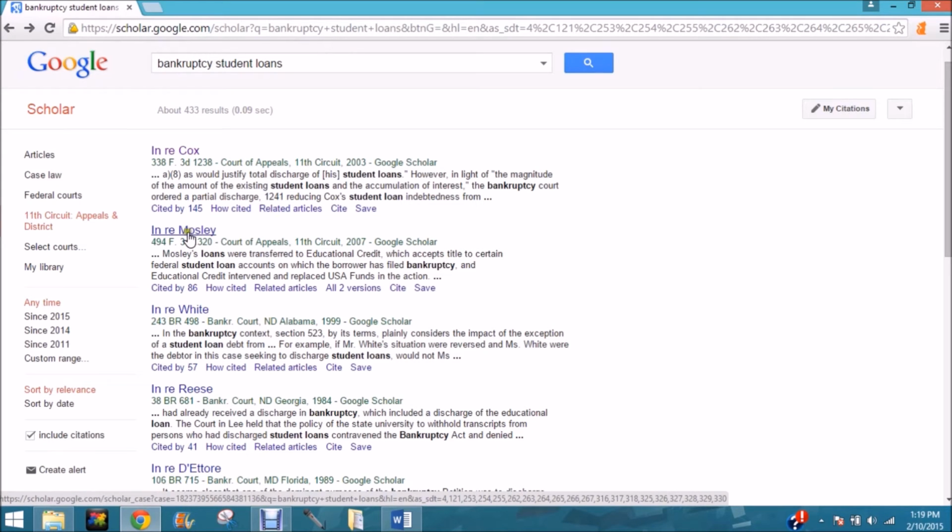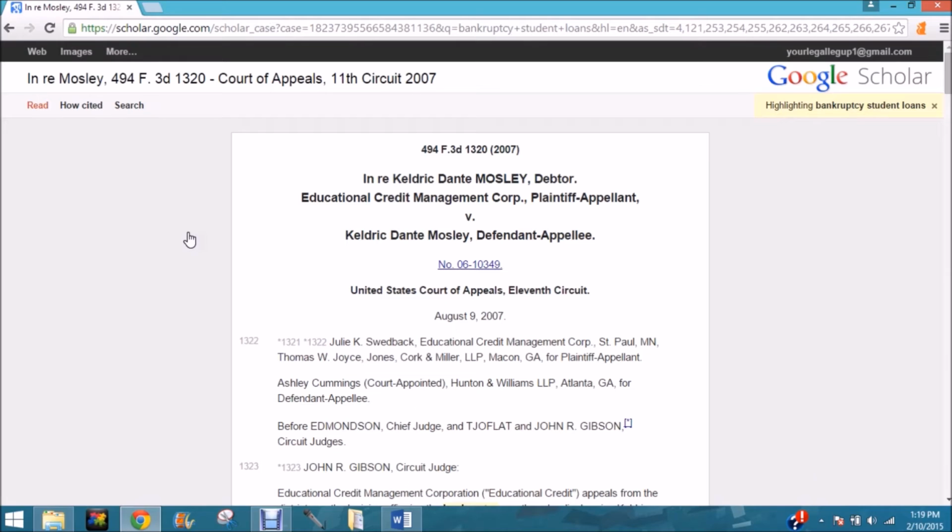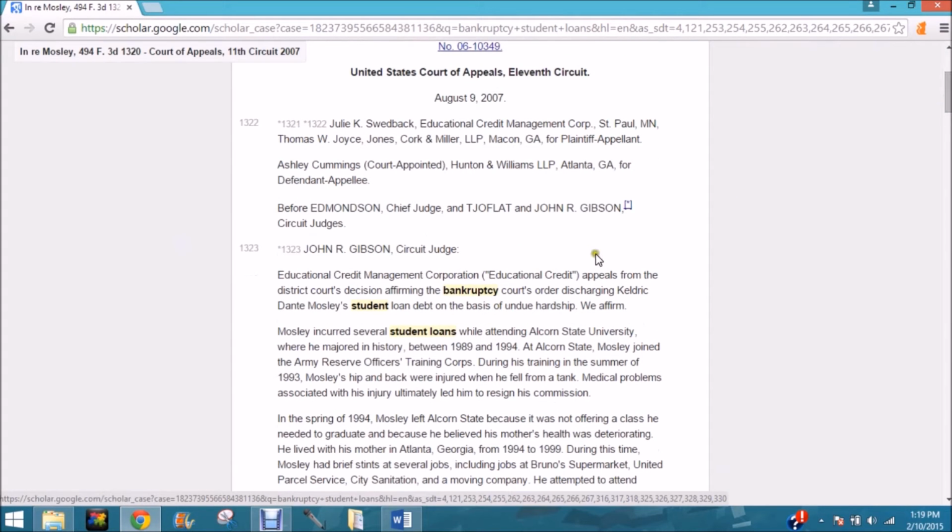So now let's go and take a look at Mosley. And we're going to see that this was again a case where the ex-student won, because the educational people are appealing, and it was the bankruptcy court's order discharging this guy's student loans on the basis of undue hardship, and they affirm.